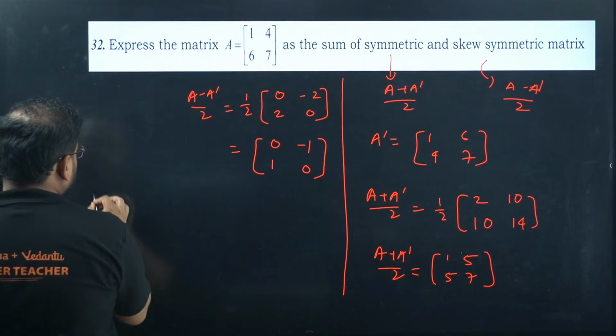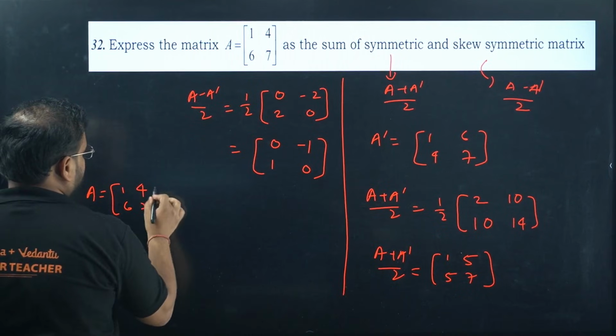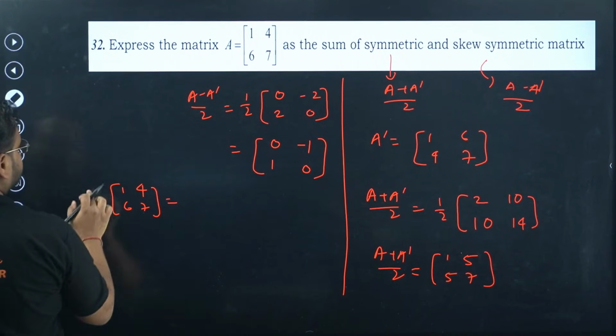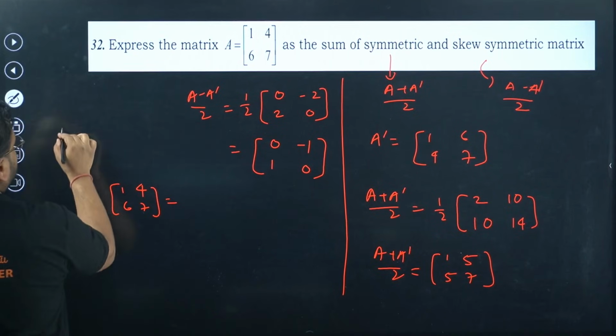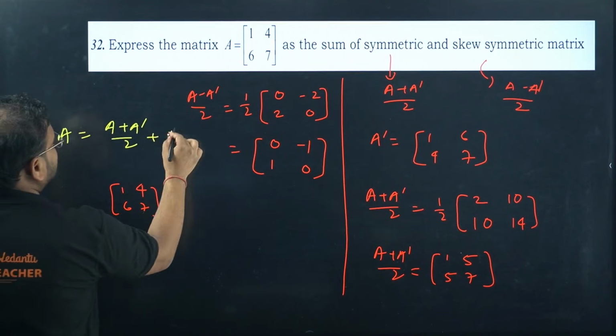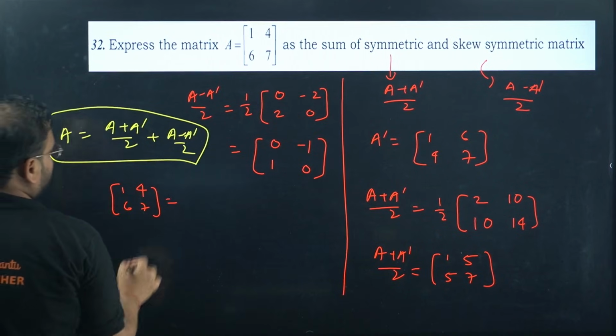Basically I'm saying that matrix A, which is 1, 4, 6, 7, is given by A plus A dash by 2 plus A minus A dash by 2. This is the form I'm going to use over here.